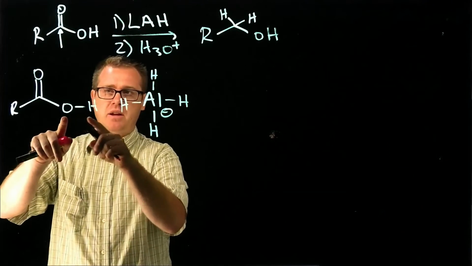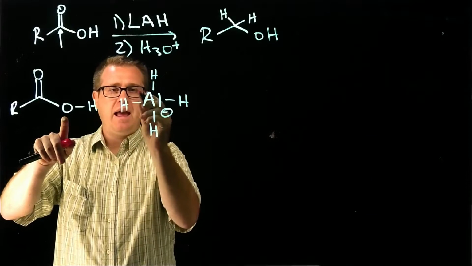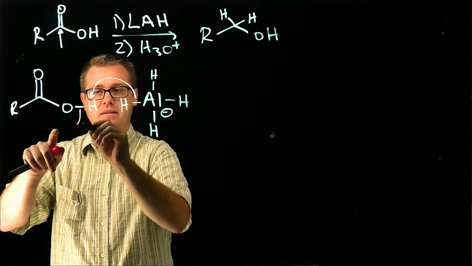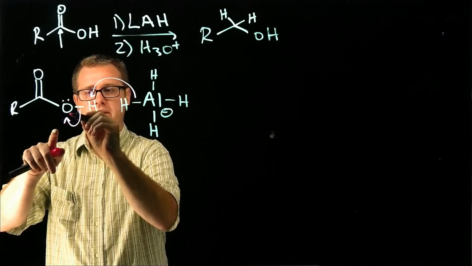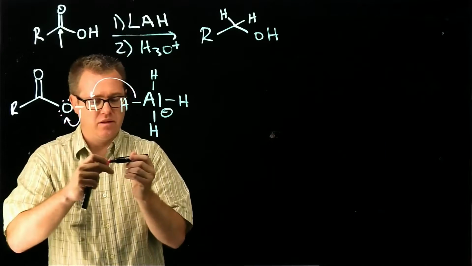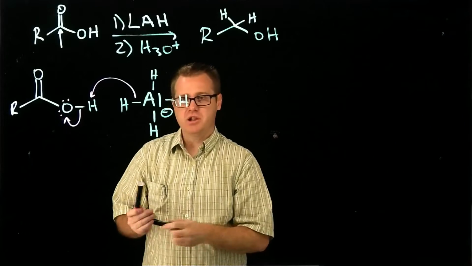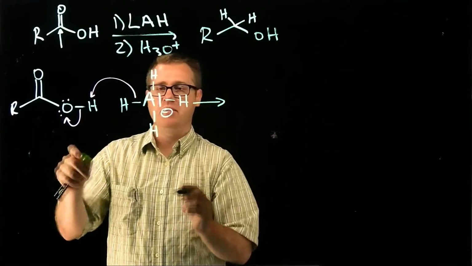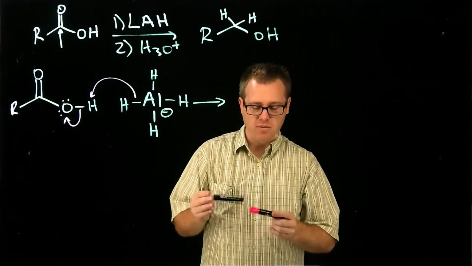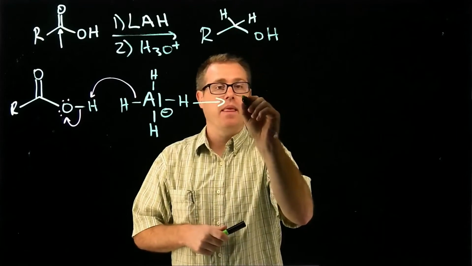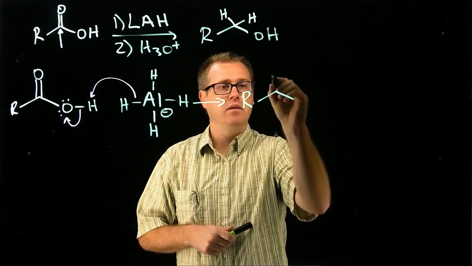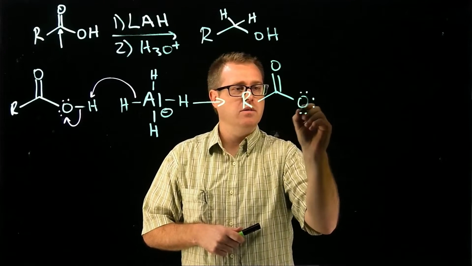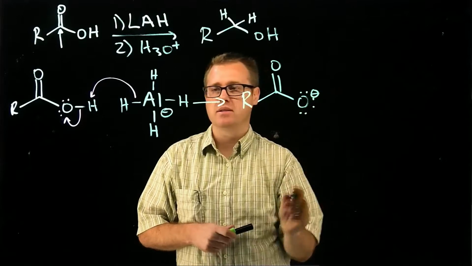But now we're dealing with the carboxylic acid, and it also acts as a very strong base. So there's 2 lone pairs there. So what you're actually going to generate when you treat carboxylic acids with lithium aluminum hydride is you're going to form the carboxylate, the negatively charged carboxylate.